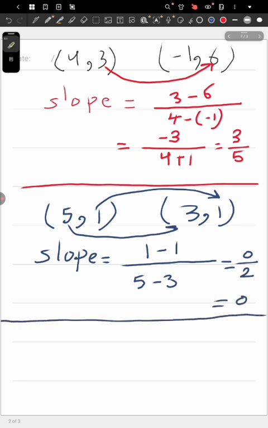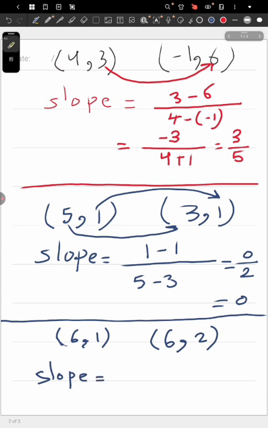Last example, 1 and 5, 1 and 6, and 3 and 6. But I change this example. Change this example, please. 6 and 1 and 6 and 2. Slope equals y minus y.